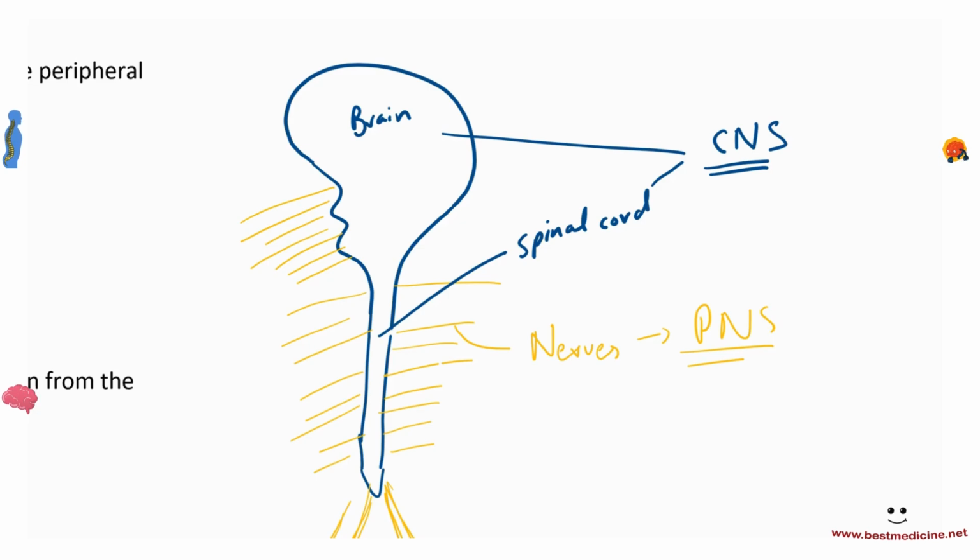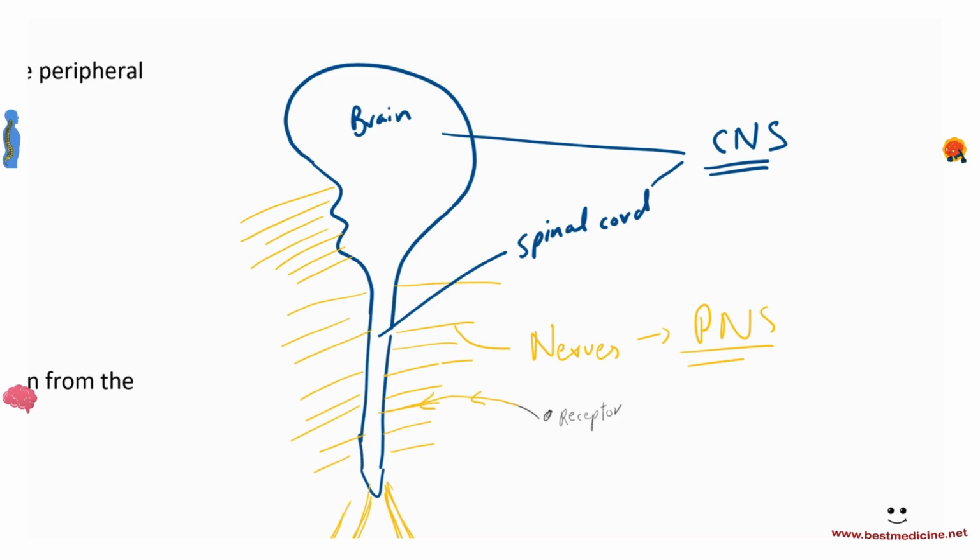The peripheral nervous system is involved in taking information from receptors. So maybe there's a receptor here, right? Could be a pain receptor, touch receptor, pressure receptor, temperature receptor. It's going to take information through the nerve to the CNS, to the spinal cord, for example.